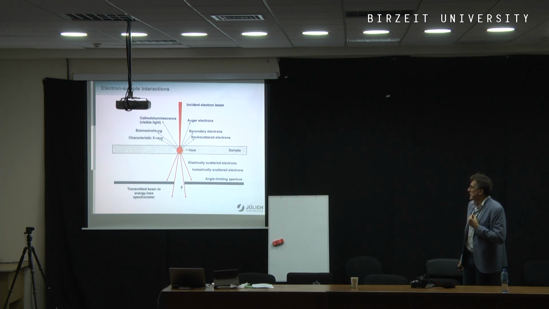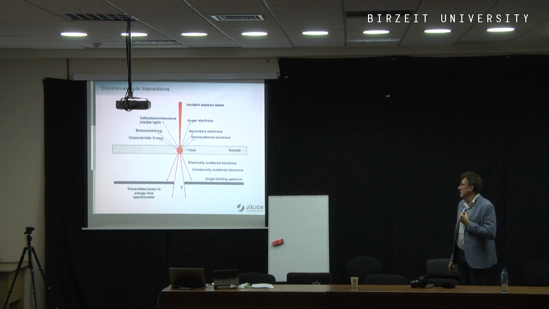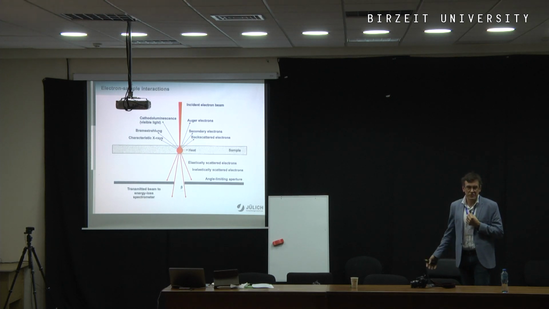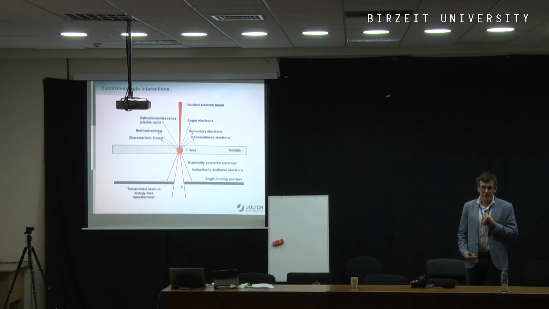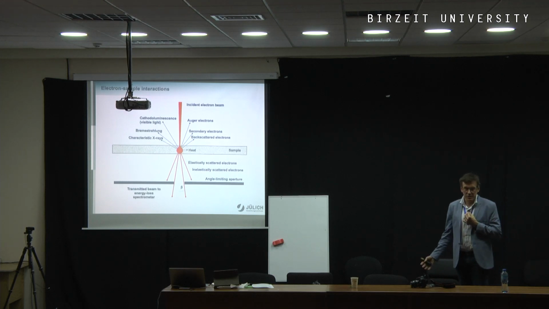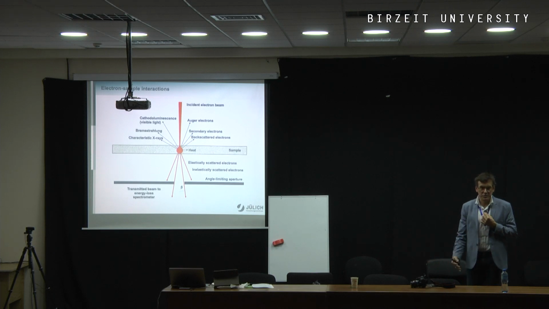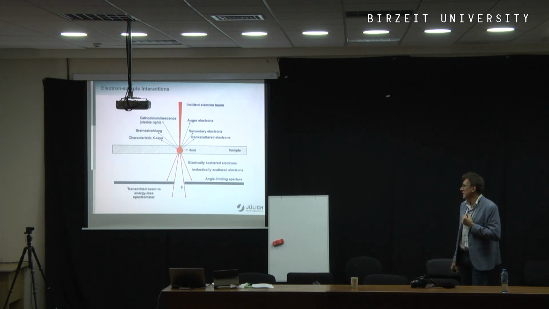And in practice, the sample responds in many different ways. You can have visible light, cathodoluminescence. You can have secondary electrons emitted, characteristic X-rays, which I'll come back to if there's time. Phonons, in other words, vibrational modes of the sample, heat.